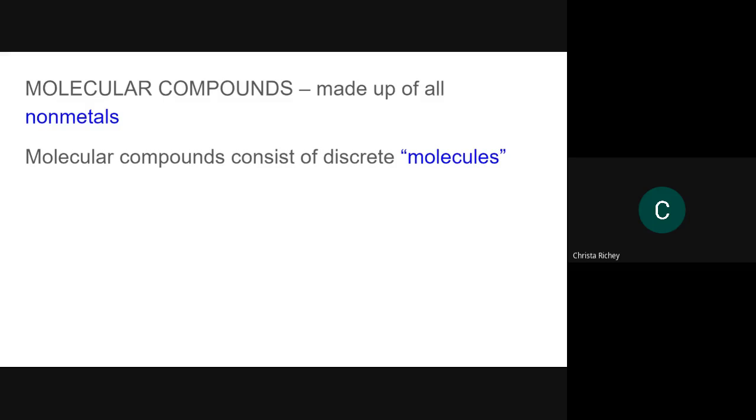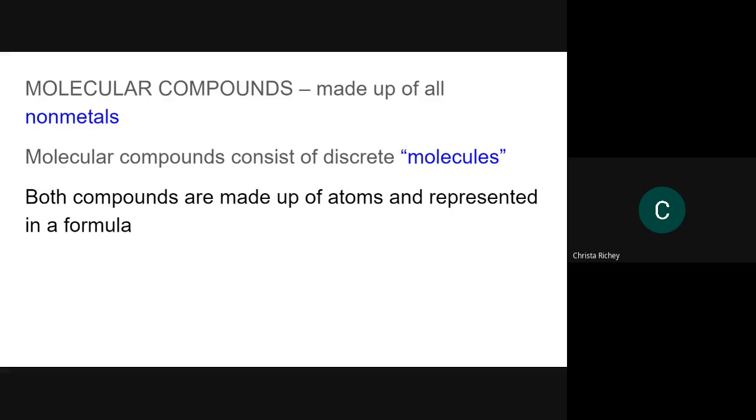A molecular compound's smallest thing, including the subscript, so like a molecule of water is H2O. It's not a formula unit, it's a molecule. It's just a matter of keeping the right word with the right type of particle, the right type of compound.